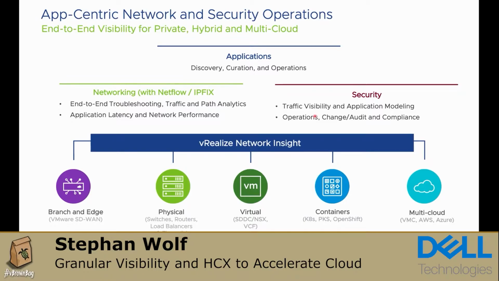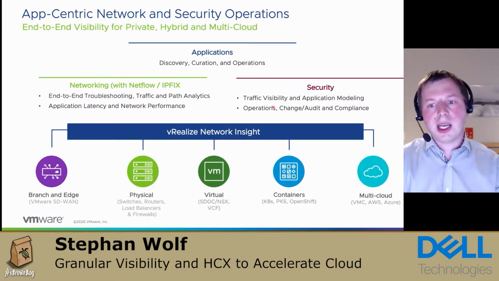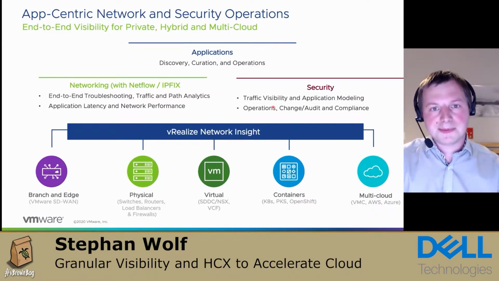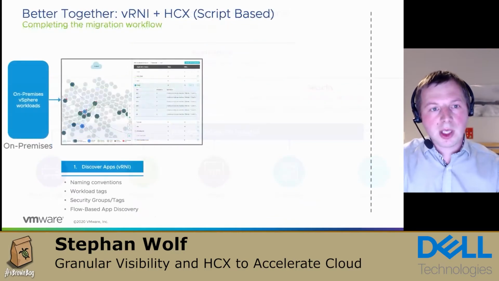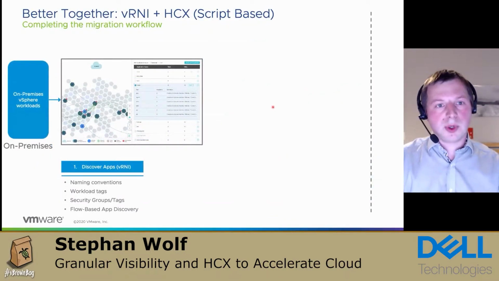And you see all their NetFlow and IPFIX data. All this information is collected in VRNI, and we see the communication relationships between the virtual machines. We see that virtual machine A communicates with virtual machine B. And with all this information, we know exactly how the apps are configured and how the interaction works.